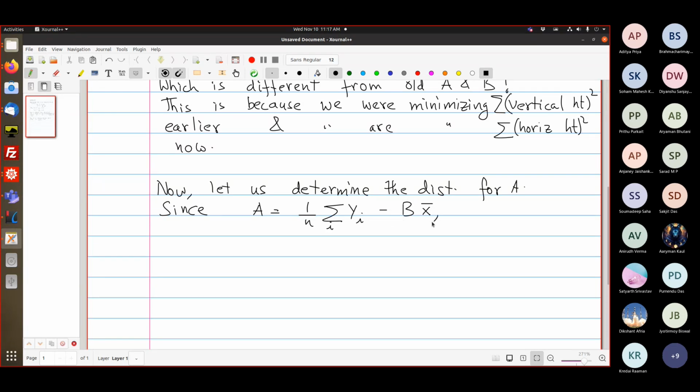So this is also a linear combination of normals, just like b, also a linear combination of normals. So A is also a normal random variable.